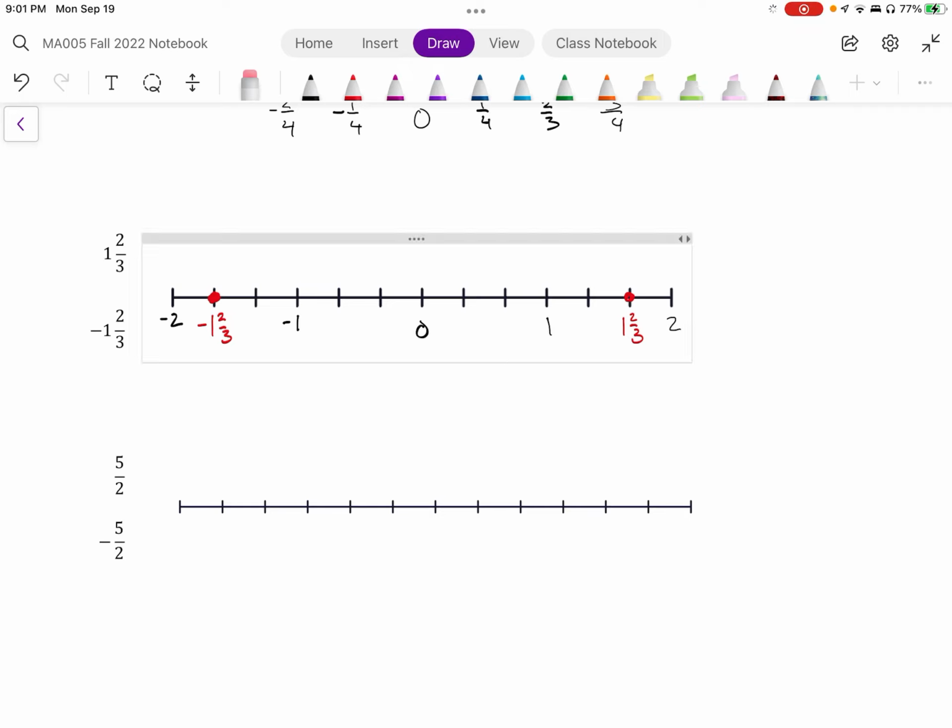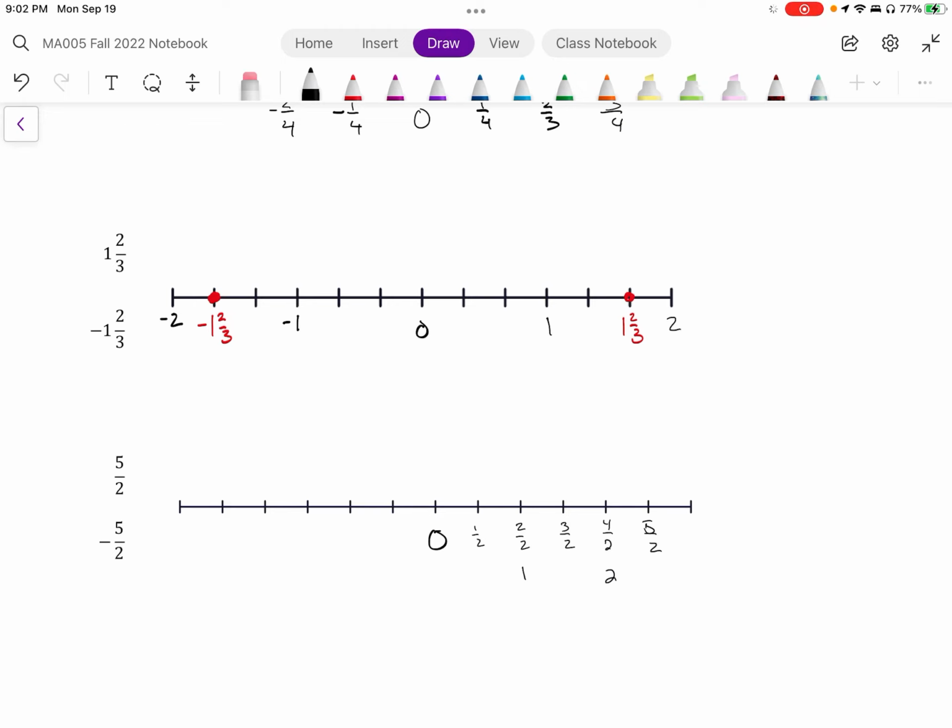All right, 5/2 and negative 5/2. All right, so this is 0. So this one is an improper fraction. Okay, so we're going to go 1/2, 2/2, that's 1, 3/2, 4/2, that's 2, 5/2. So that's 2.5.